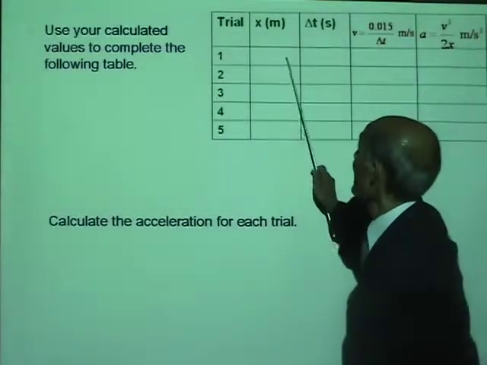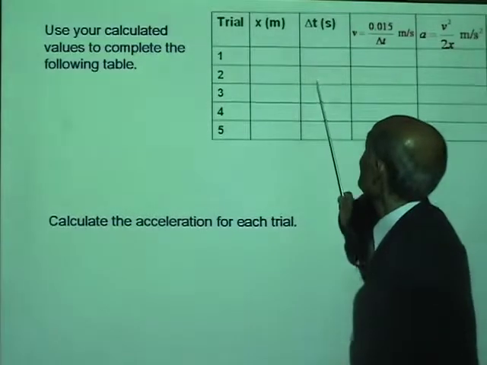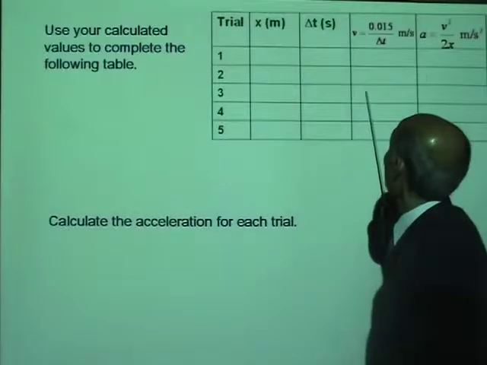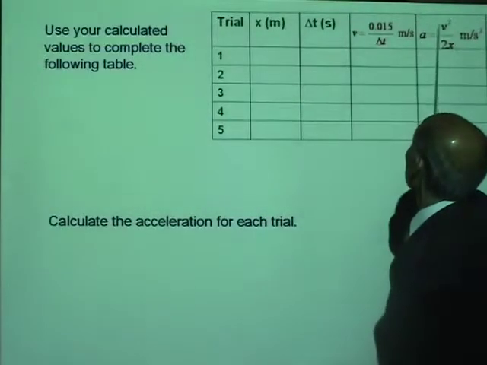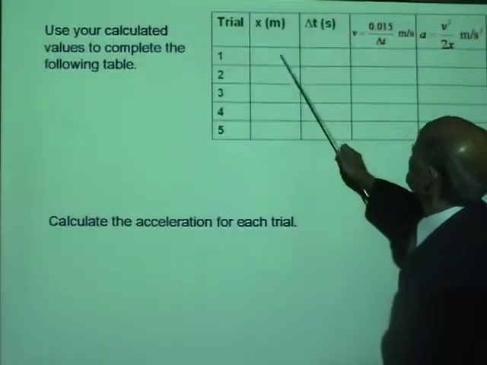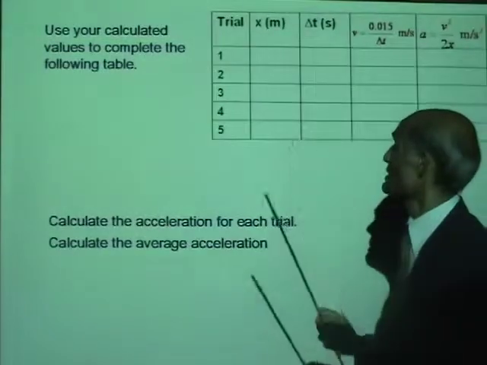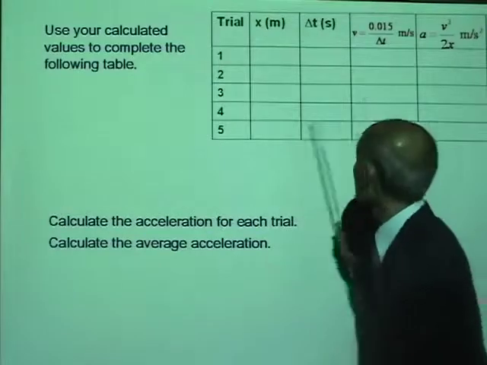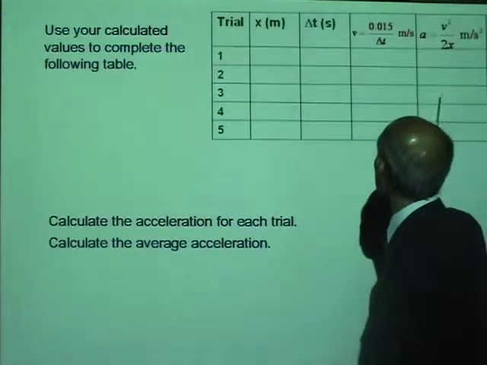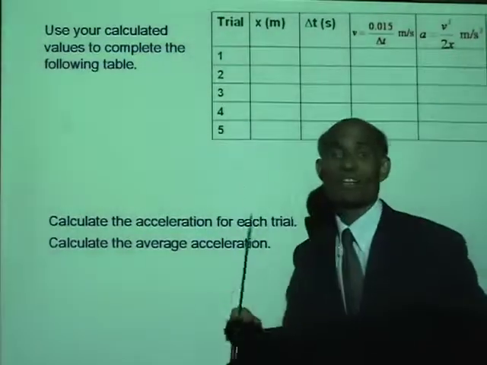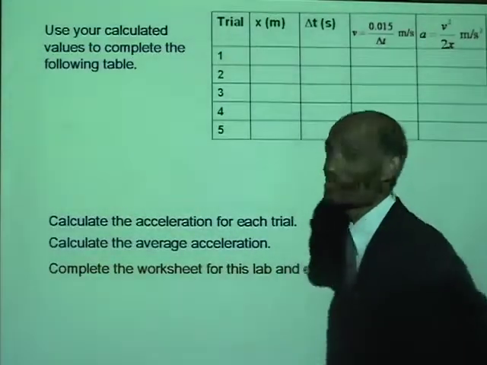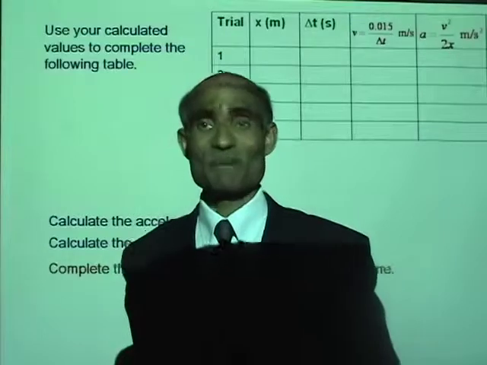You got the x values, the delta t values, use the delta t values to find the velocity and use that velocity and the values of x to find the acceleration. And then calculate the average acceleration. You got 5 values of the acceleration. Find the average value of the acceleration. And complete the worksheet and email it to me. Alright.